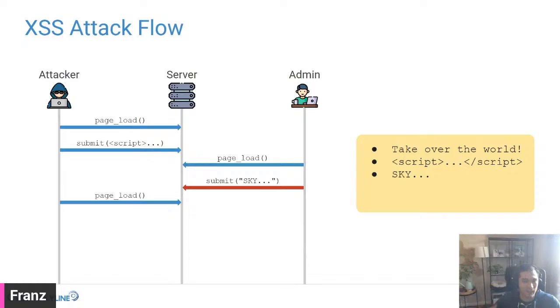Anyone else that loads this page, they will run into the same code here, and they will send their information back to the server. And in this case, we're going to get an automated message that gets submitted to the server. Because we don't have that sensitive information that the admin has, it's going to be a blank. So the server is going to just get another request for like a blank entry in the to-do app.